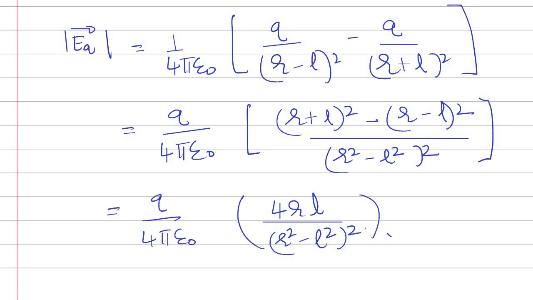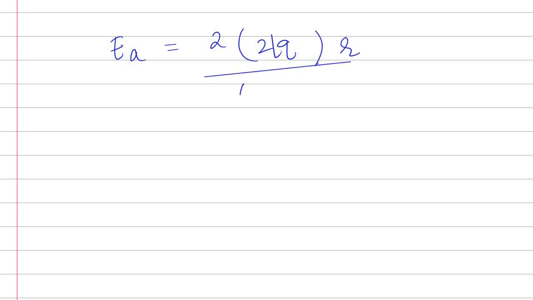A quick simplification there. A little bit of rearrangement would give me E is equal to 2 into 2LQ into R upon 4 pi epsilon 0 R square minus L square the whole square.